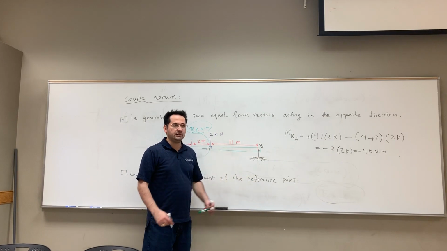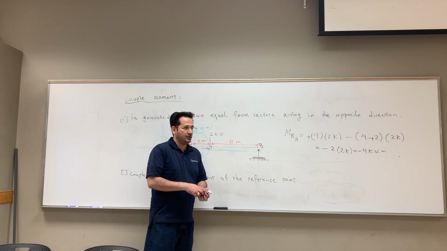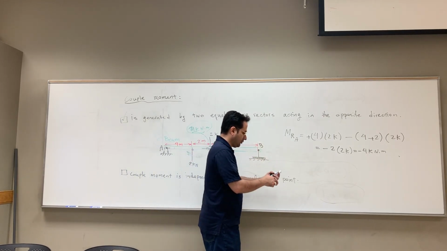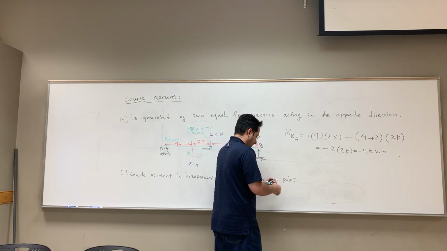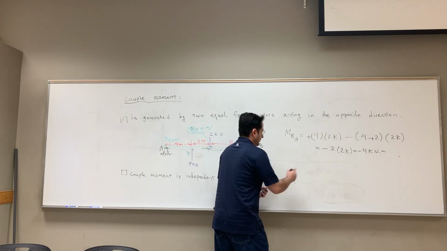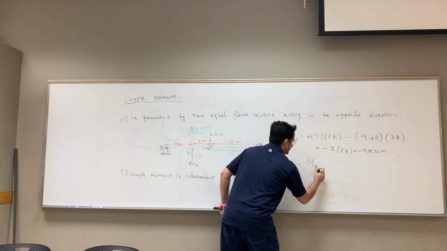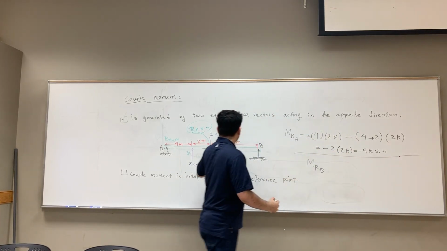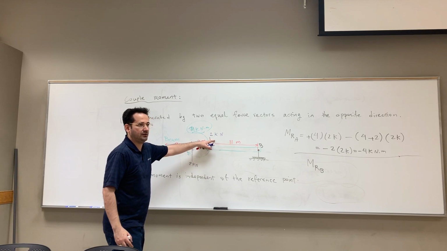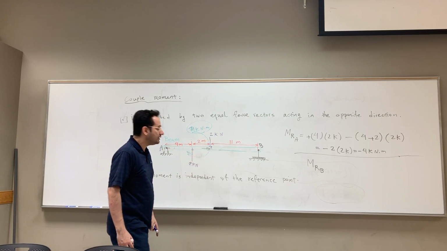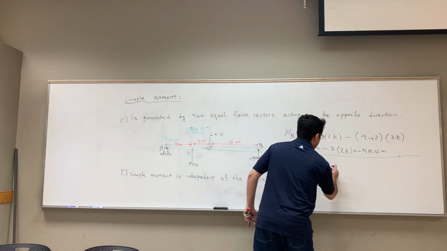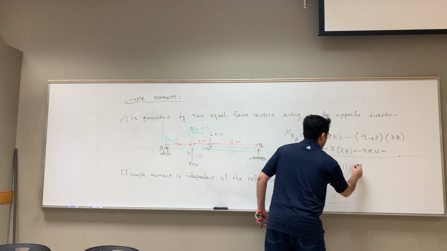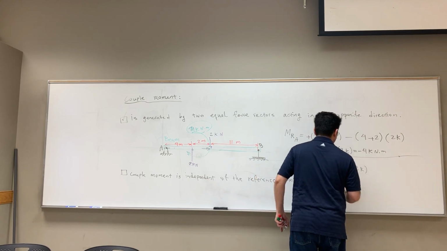Let's take point B as a reference point, and let's find the resultant moment around B. I'm going to write it here: moment resultant with respect to point B. Let's start with this guy. What should I write? 11 times 2K. 2K, positive or negative?